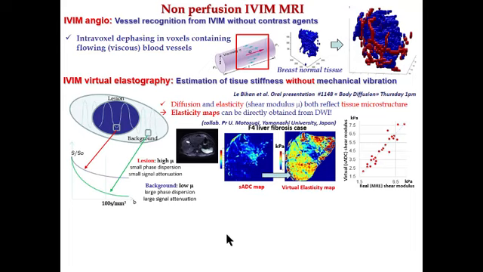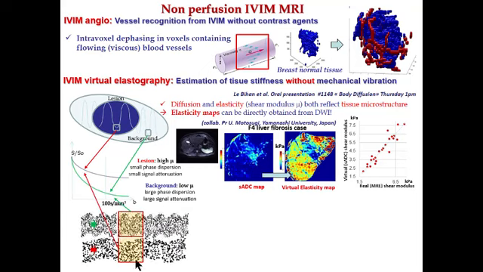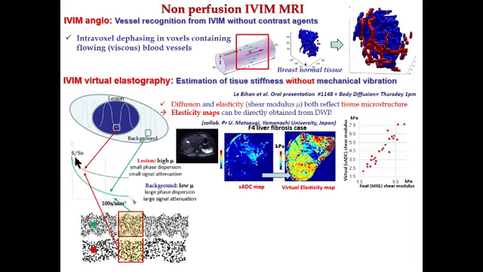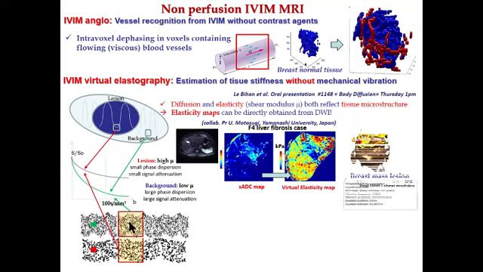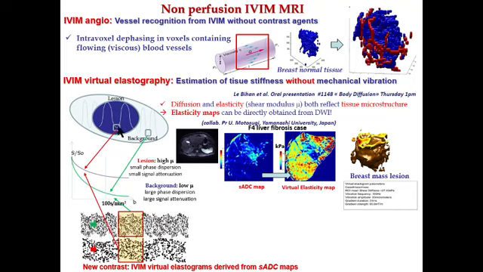But the point I'd like to make today is that if you have waves propagating in the tissue, and elasticity is low in the background, for instance, you get a dispersion of phase which is very big, I'm sorry. So the signal will drop a lot because of this IVIM effect. If you look at a tumor, a lesion, tumors usually have very high elasticity.